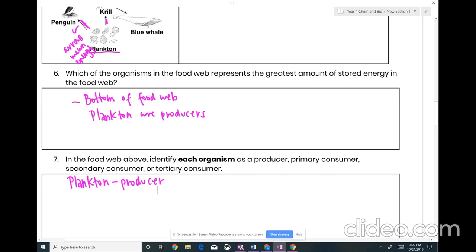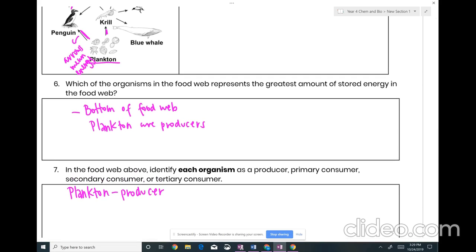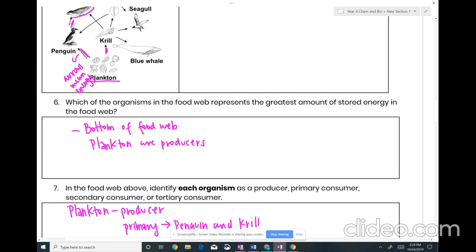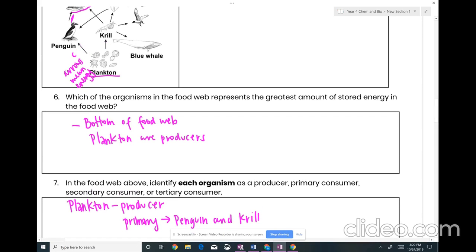And that is because it's on the bottom. Then the next one is going to be our primary. So for the primaries, we're going to be looking at what eats plankton. In this case, we got two things that eat plankton. We have our penguins, and we have our krill, right? And those are the two things that eat plankton, right?